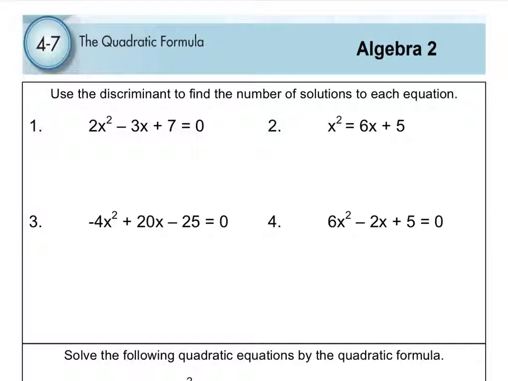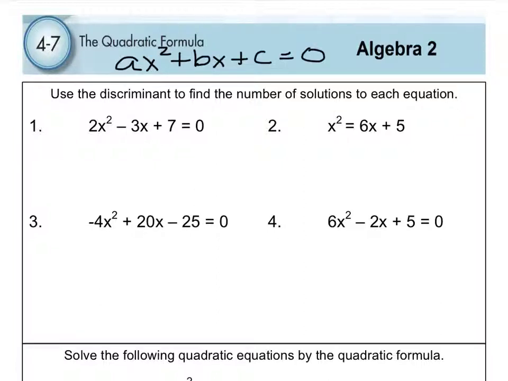Okay, as you look at these four equations, the key thing that I think we all need to remember is standard form of a quadratic. Standard form of a quadratic is ax squared plus bx plus c equals 0.